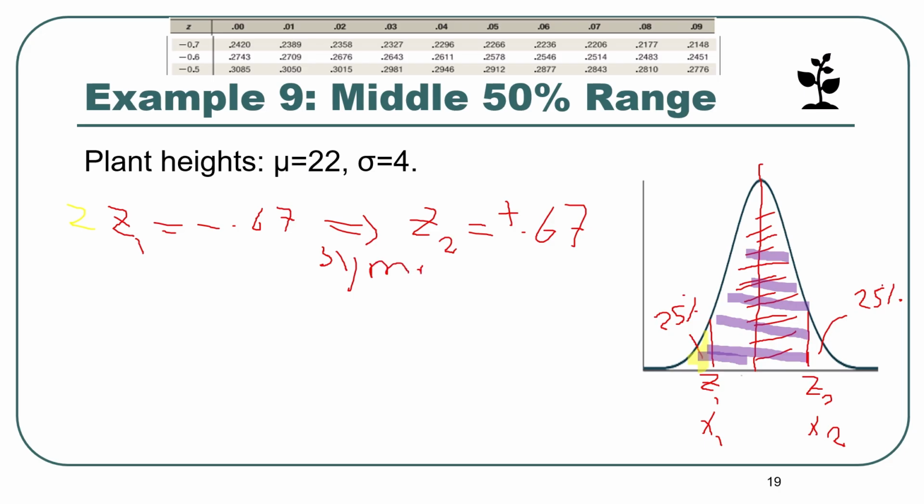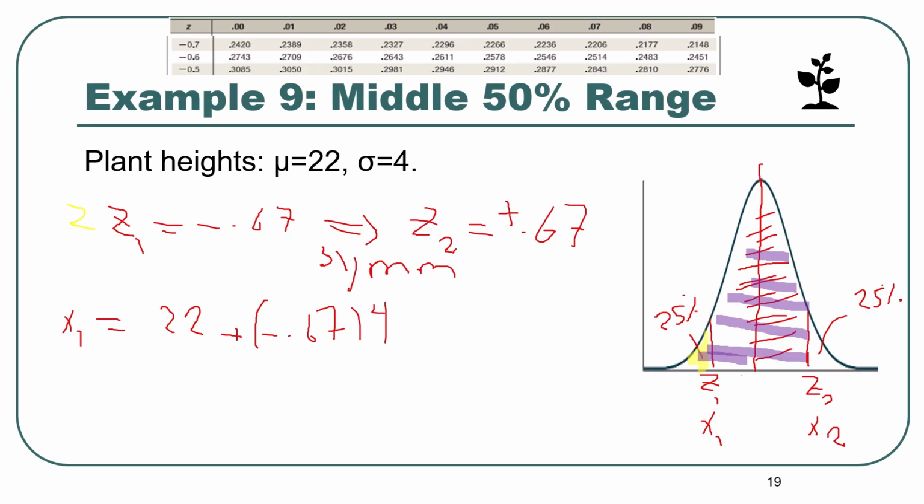Which means I can calculate my x now, x1 and x2. So x1 would be mu, which is 22, applying the formula again, plus z1. Z1 is negative, so I need to put the negative sign here, times the sigma, which is 4.